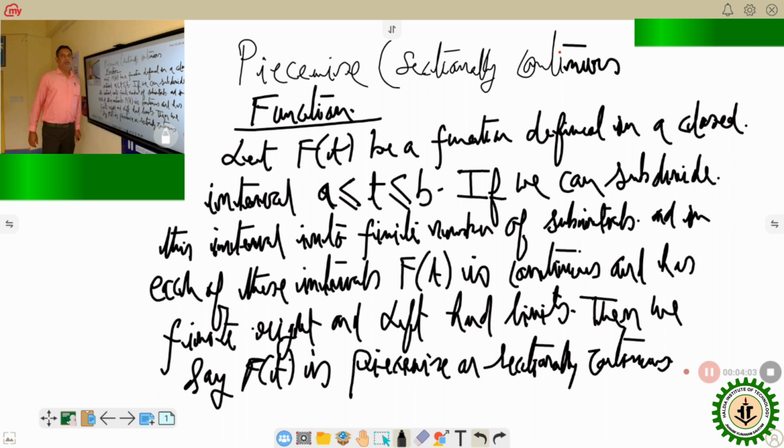Now we will discuss the existence of Laplace transform in the form of a theorem.